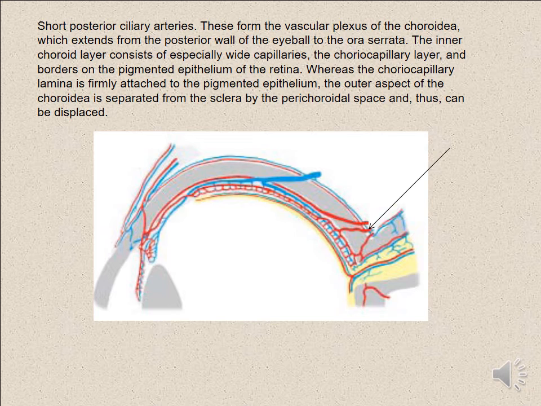The outer aspect of the choroid is separated from the sclera by the perichoroidal space and thus can be separated. This is the short posterior ciliary.